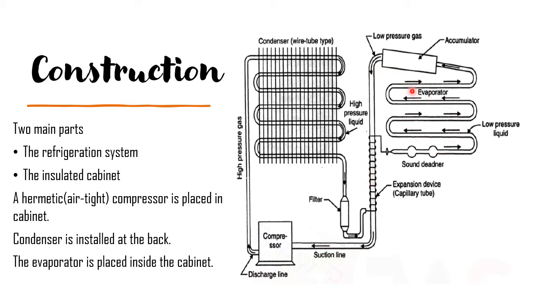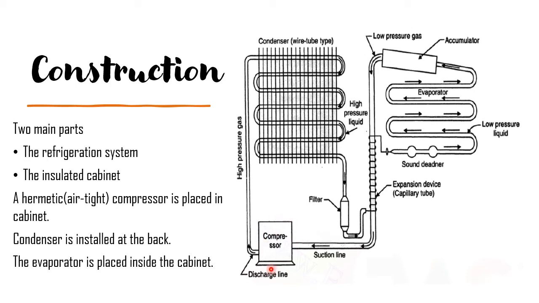Here the low pressure, low temperature vapor refrigerant is the output, and due to incomplete evaporation, some liquid refrigerant will be there. That is blocked by the accumulator from entering the compressor. So only the vapor refrigerant at low temperature and low pressure is given to the compressor.